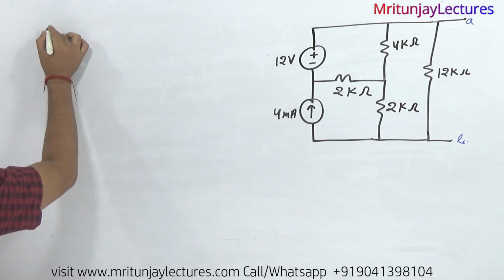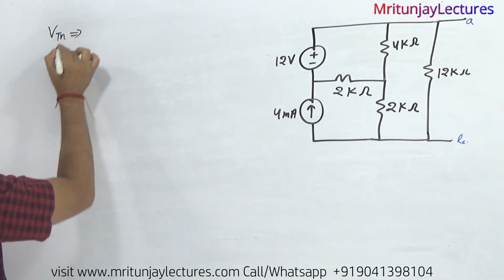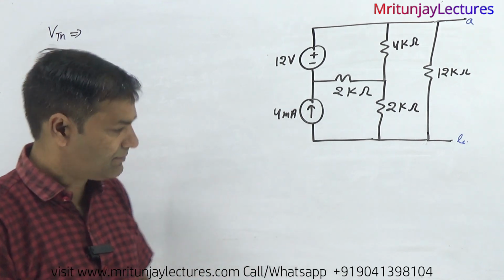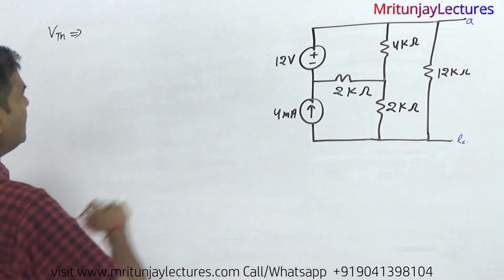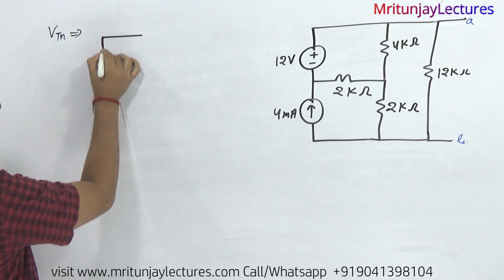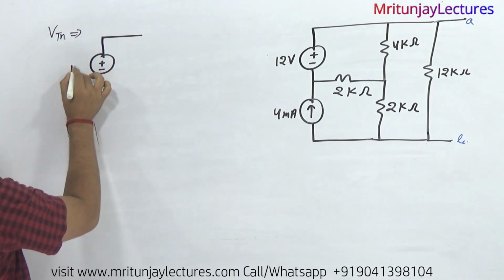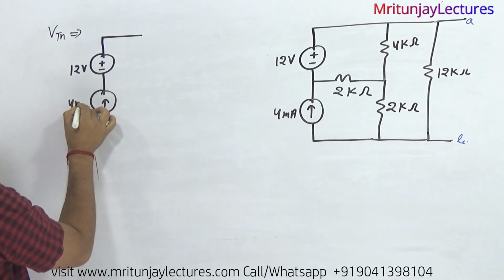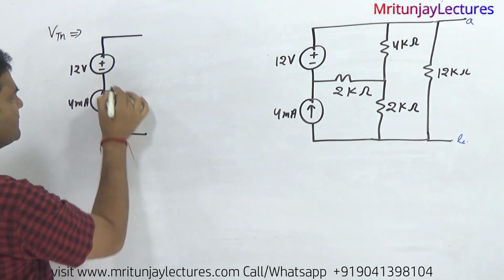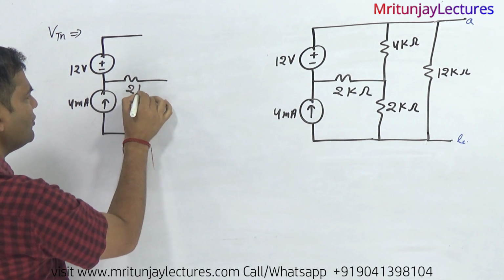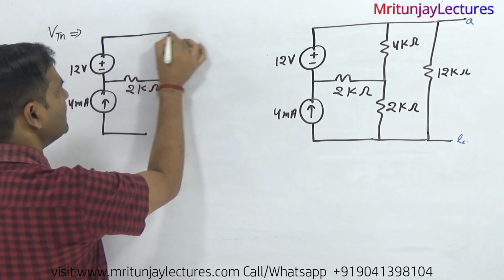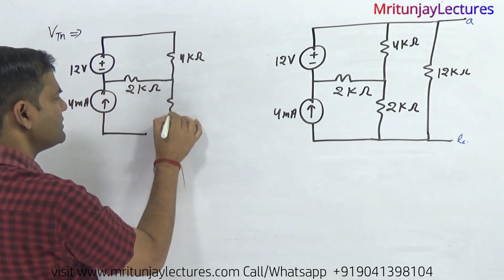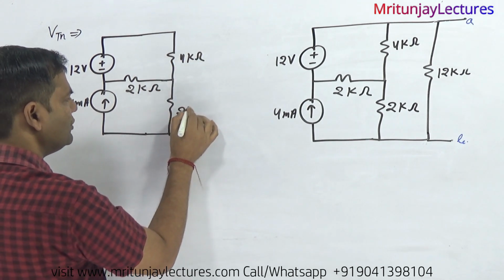So first of all, we have to focus on VTH. That is plus minus 12 volt, and that is 4 milliampere, and that is 2 kilo ohm, and this one is 4 kilo ohm, and this one is 2 kilo ohm.